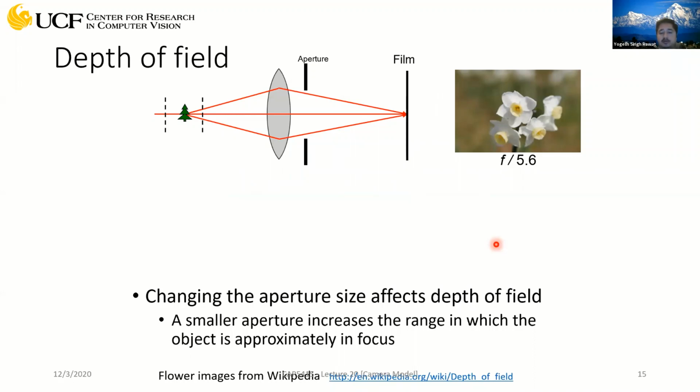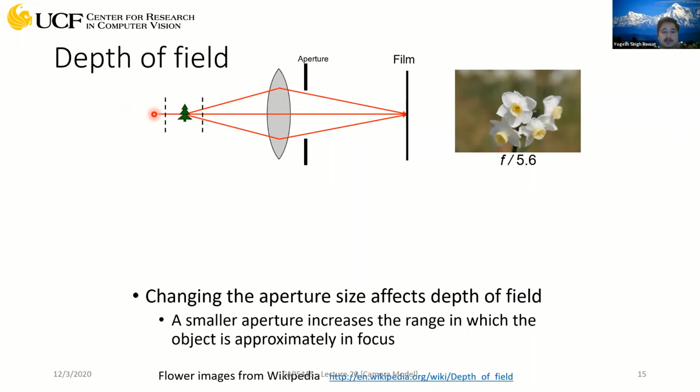Another important concept in this projection is depth of field. If you are into photography, then you might know that depth of field tells you how much of the region in your image will be in focus. You can see here that the depth of field is pretty low because the background is all blurry. You just have focus on these flowers. This distance in the 3D environment tells you whether all the objects present in that region are in focus, and that defines the depth of field.